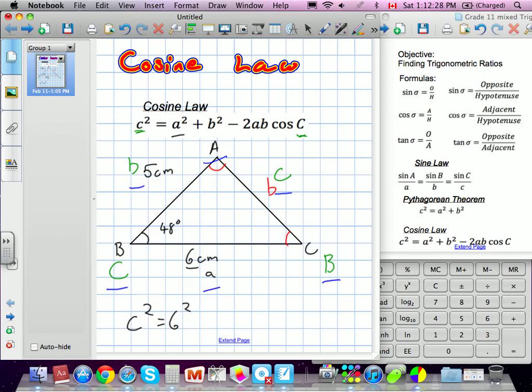So A squared, side B is 5 squared, minus 2 times A is 6, B is 5, and cos, now uppercase C is referring to the angle opposite of the side we're trying to find. So because we're trying to find that side, this is our opposite angle, which is 48 degrees.